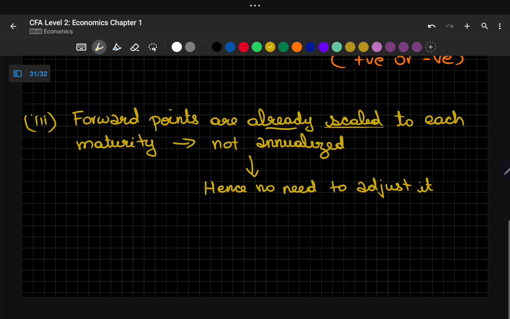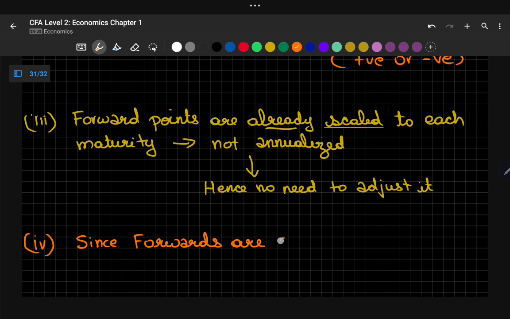Now the fourth point is, from derivatives you know that forwards are OTC contracts, right? So what is the specialty of an OTC contract? Clients can customize it.